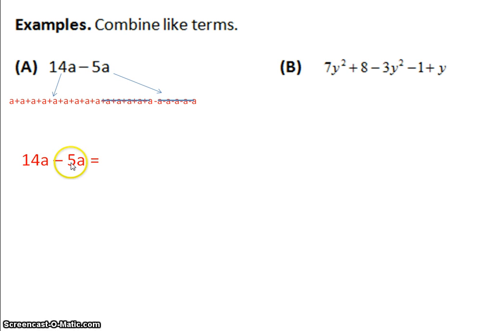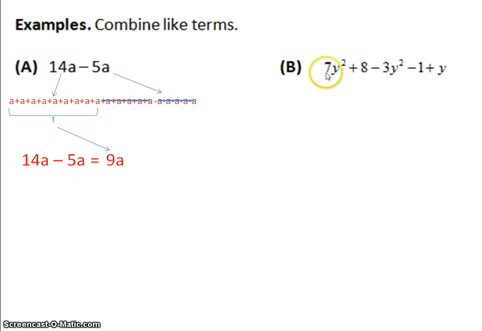So 14a minus 5a will be these a's right here, and that comes out to be a 9 times, or 9a. If the variables are the same, if they're raised to the same exponent, they're like terms. 14 minus 5 is 9. And don't forget the variable a.